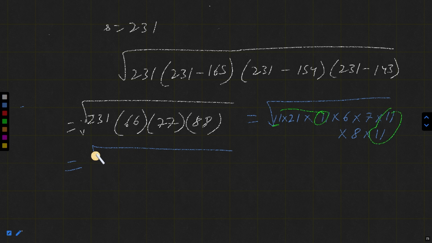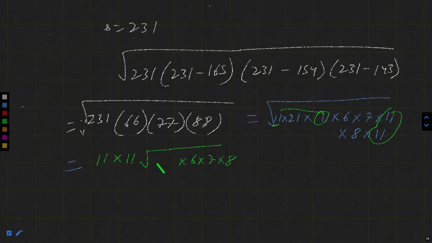So taking out 11 from the root, because from each pair I took one 11 out, the remaining terms are 21 times 6 times 7 times 8.